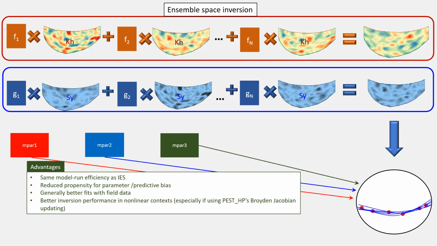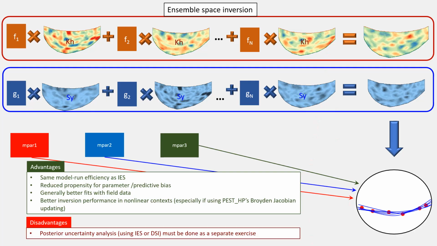It learns something from the updates that it's just done and improves the Jacobian matrix and then does the updates again. And what it learns from doing that first set of updates can benefit it enormously when it does the second set of updates, particularly in nonlinear inversion environments. So put all this together and ENSI is pretty robust.